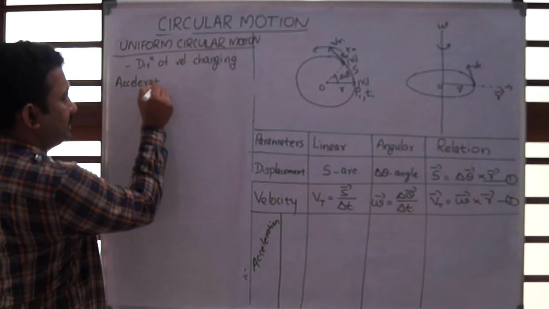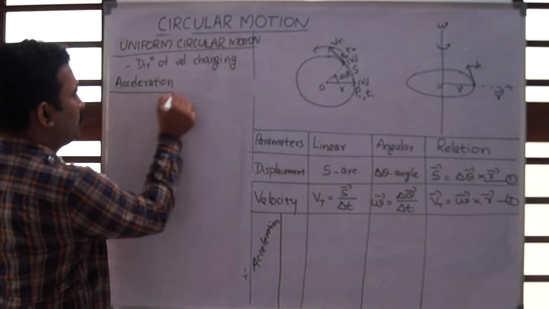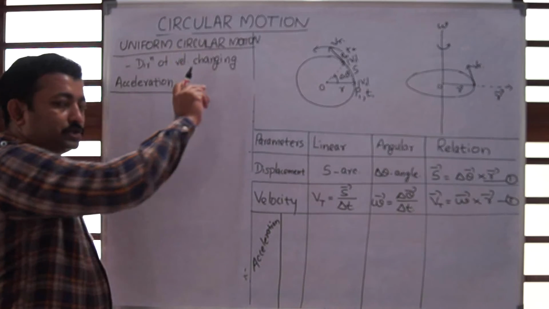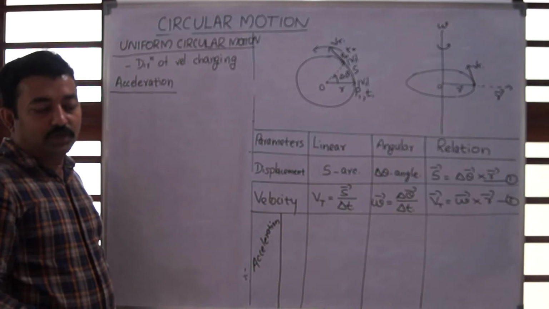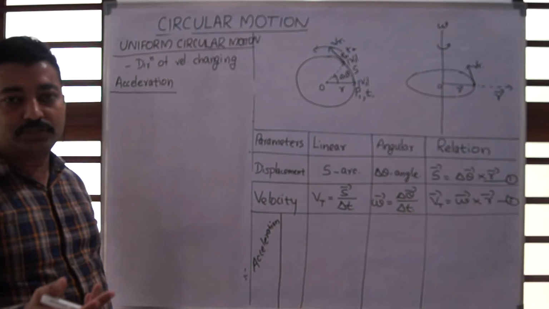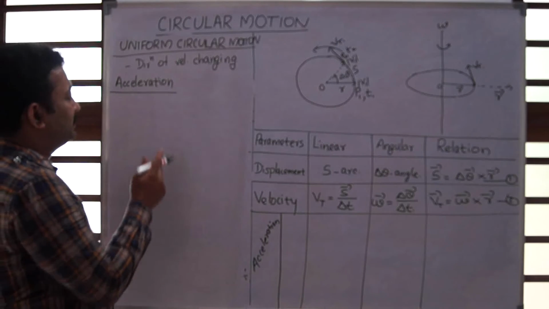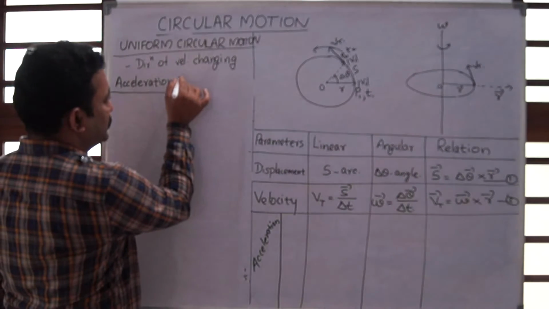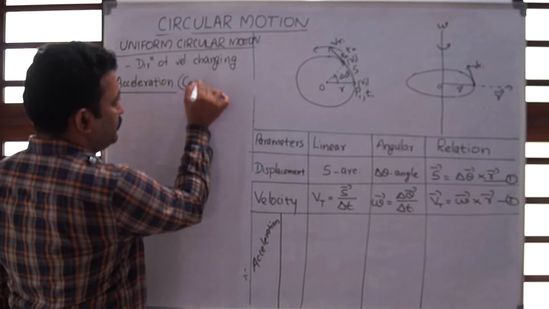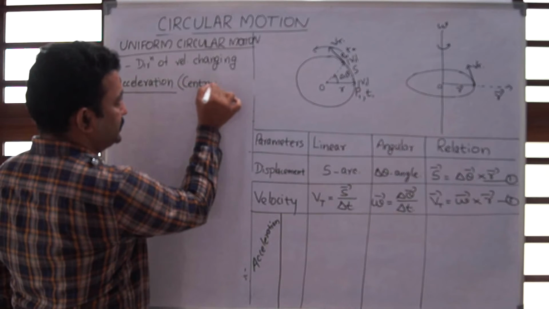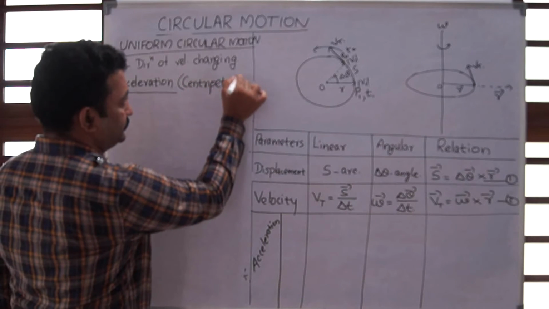This acceleration is common for uniform as well as non-uniform circular motion, because in any circular motion the direction of velocity is continuously changing, and it is called centripetal acceleration.